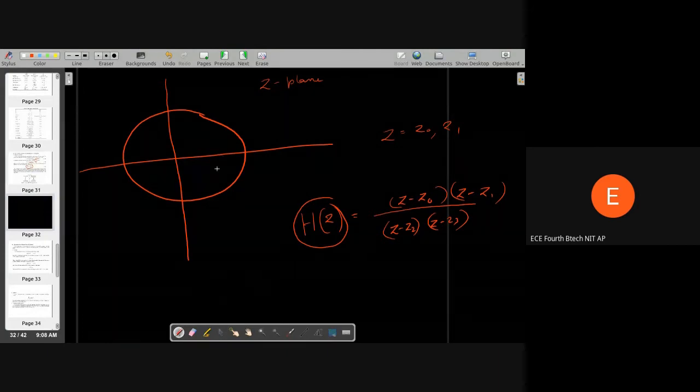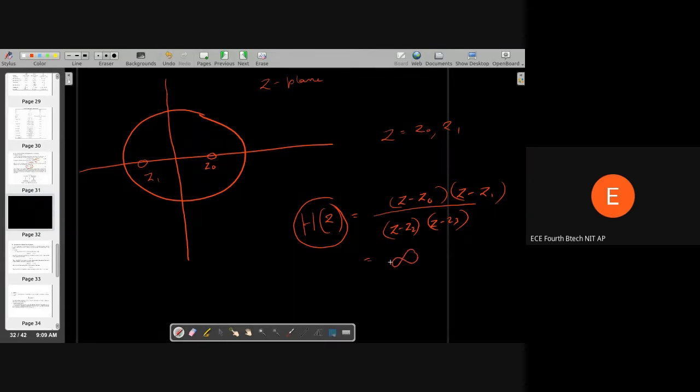In the pole-zero plot, you will find Z0, Z1, and they represent zeros. Now, in the same way, if Z equals Z2 and Z3, H of Z does not exist. It cannot be defined, or we say it is infinity.